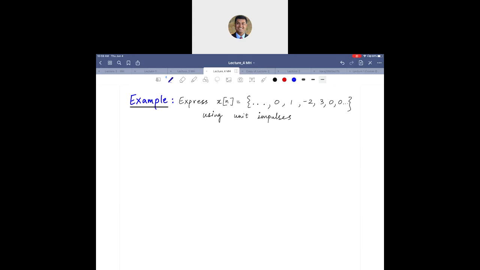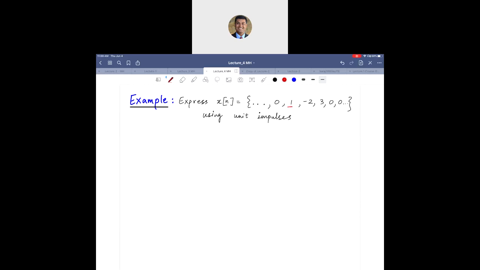Let's do an example here. We are given some arbitrary sequence of numbers defined as x of n. Actually, we are missing something, right? We don't know where the 0 is. So let's put that underscore under the 1. And we are asked to express this x of n using unit impulses, or the Kronecker delta functions, delta of n's.